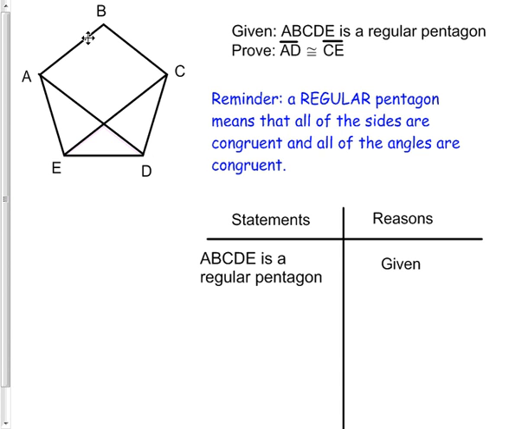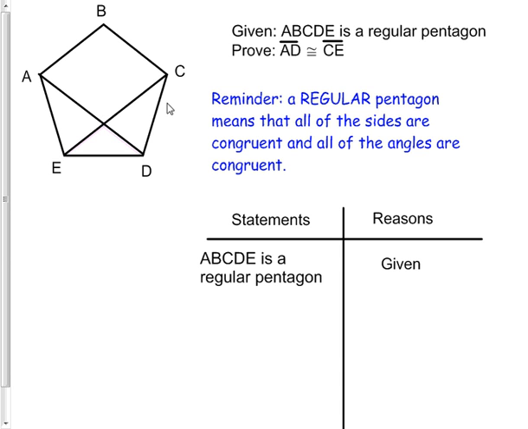So that means angles A, B, C, D, and E, if these lines weren't in there, would all be the same degrees, and all the sides on the outside are the same. So we start with what's given, and I have that written in here. ABCDE is a regular pentagon. That's what was given to us, and so we'll write given. Okay, so from there, I want to make this a little bit less messy, because we want to prove that these two triangles in here are congruent, so ADE and CED.